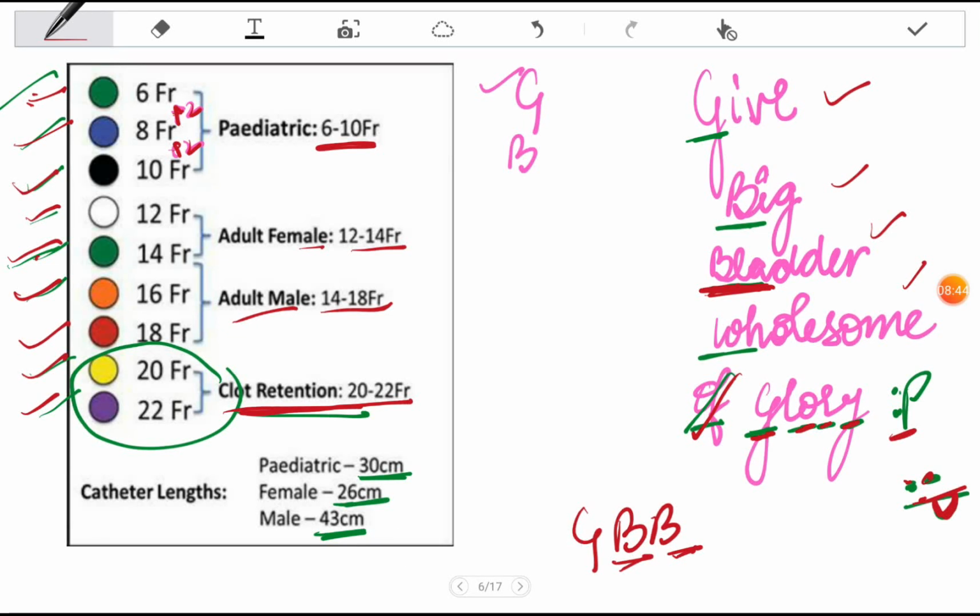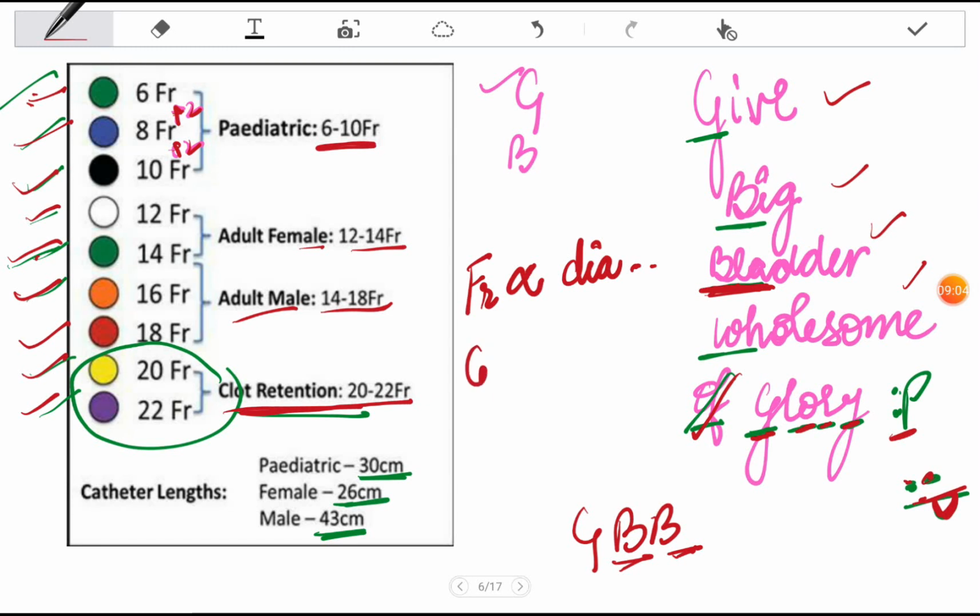And for your convenience, remember, French is directly proportional to the diameter. So the more the French, the more the diameter of the catheter.